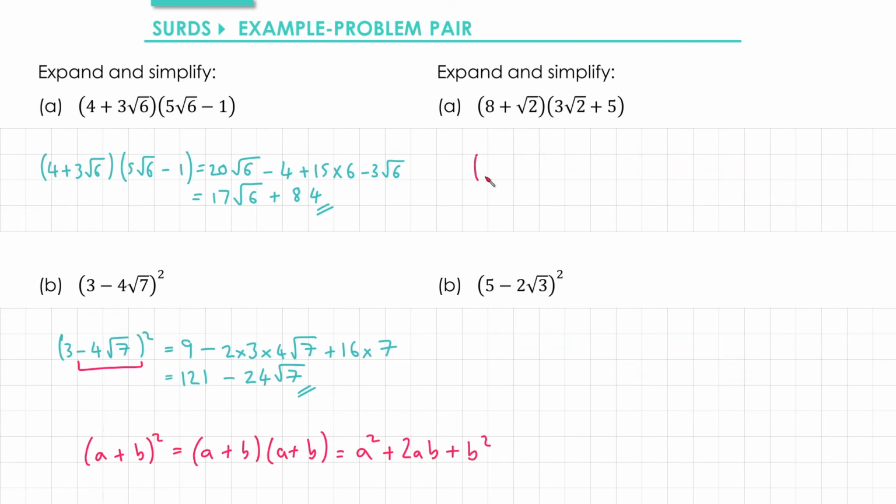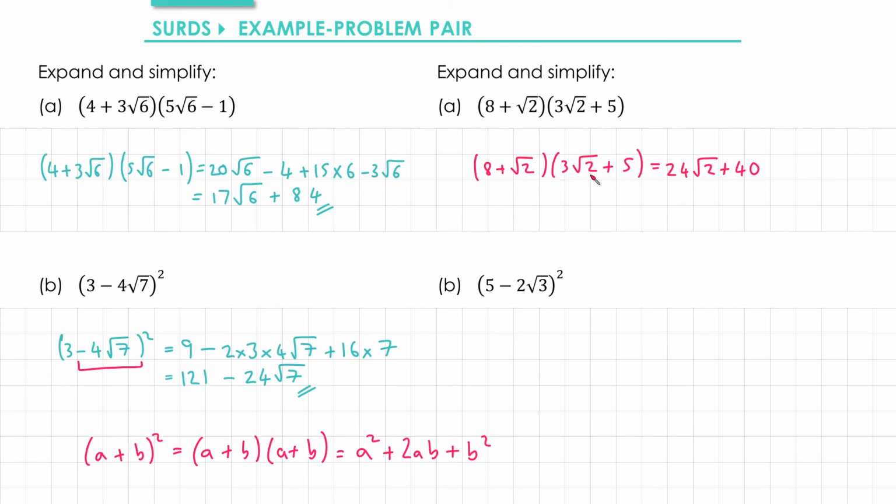In part A, we've got 8 plus root 2 multiplied by 3 root 2 plus 5. 8 times 3 root 2 gives us 24 root 2. And 8 times 5 gives us 40. Then we look at the second term. We need to do root 2 times 3 root 2.